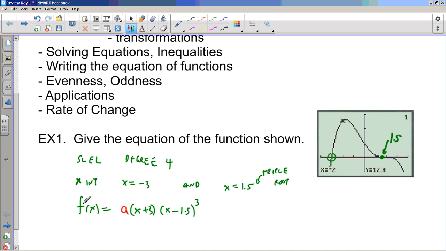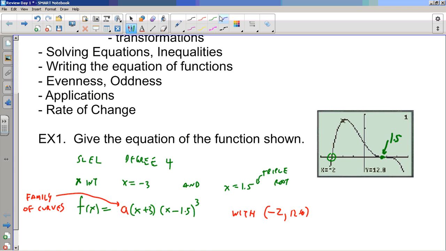Remember, this gives you what's called a family of curves, or a family of functions. Any functions that have these as their zeros are related to each other by a stretch. So how do we actually calculate what this one is? Well, notice that the blinking spider there has a point -2 and 12.8.